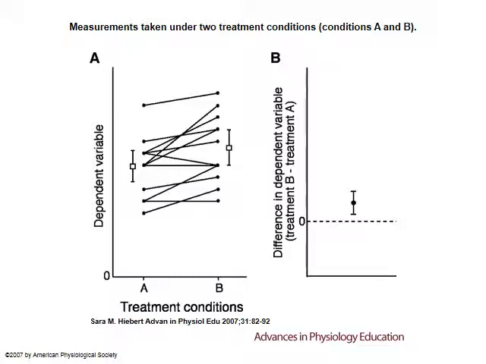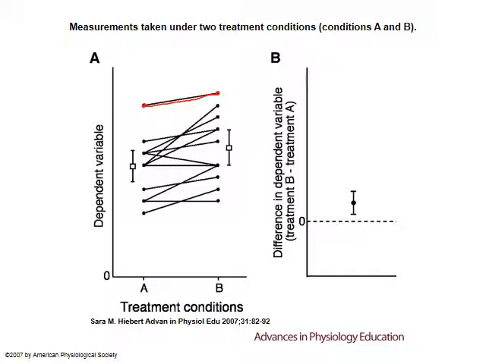So here we have measurements taken under 2 treatment conditions, condition A and condition B. And in the left-hand graph, panel A, you can see that it's showing individuals, each pair of points connected by a line represents one subject, the same individual subject who has been measured at treatment A and treatment B. So here is showing, let's say individual subject number 1 at treatment A and subject number 1 at treatment B, and they're connected because it's the same individual.